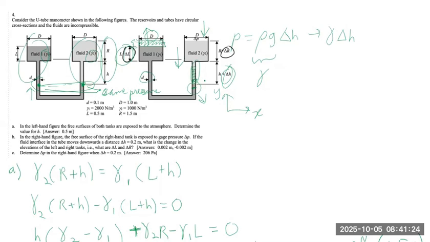The negative decrease in height here causes a positive increase in height on the left side.